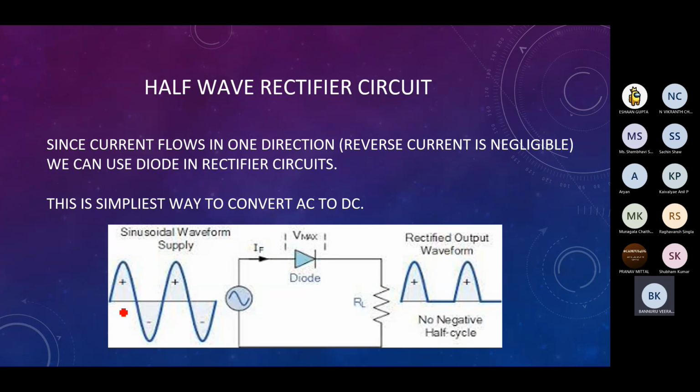If we take a sinusoidal input, we will get an output like this, because for the first half cycle the voltage is positive, so the circuit acts like a forward bias, and we get this. During the negative half cycle, the circuit acts like an open circuit, and therefore does not allow any current flow, so it will be zero for the negative half cycle. This is the simplest way of converting AC into DC.